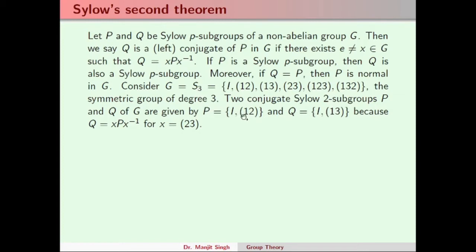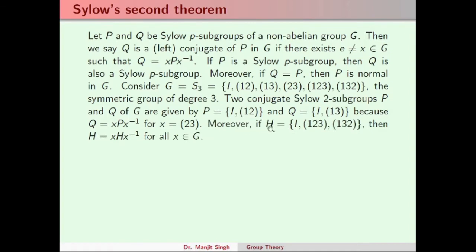This contains these two elements. This contains these two elements. We can see that Q can be expressed as XPX inverse, for X is the permutation (2 3). So Q is a conjugate of P. One can see that both are Sylow 2-subgroups of order 2.